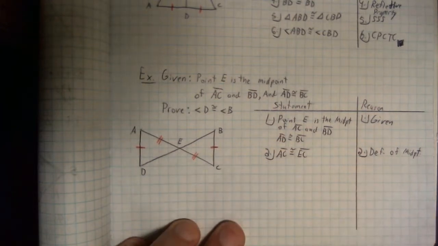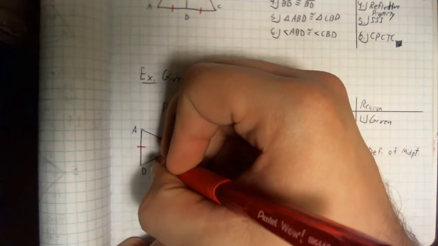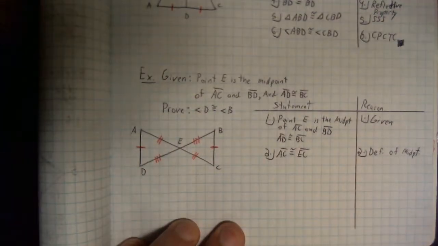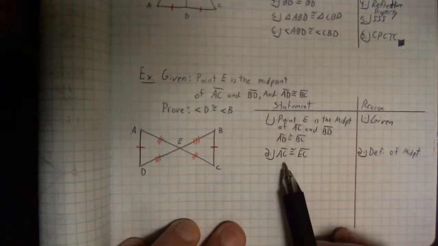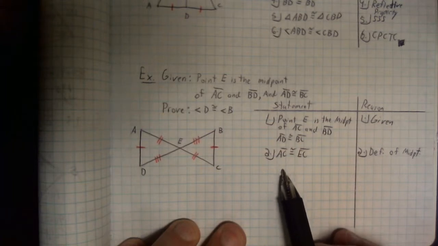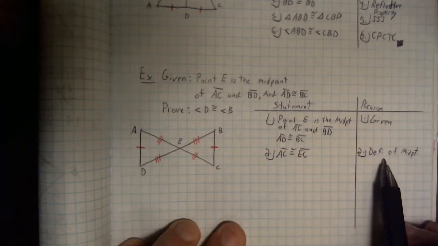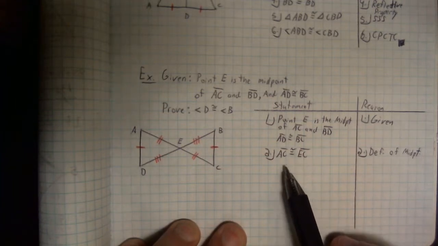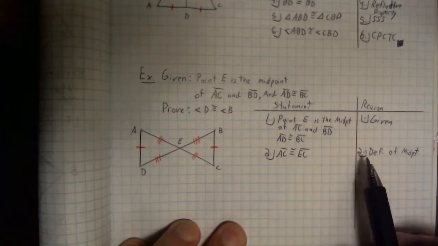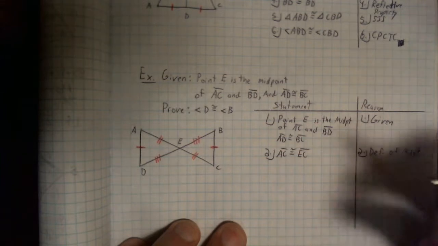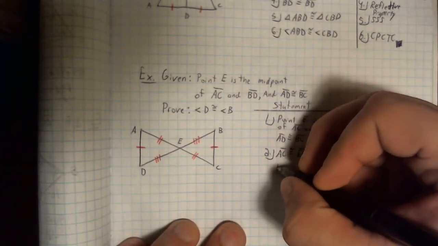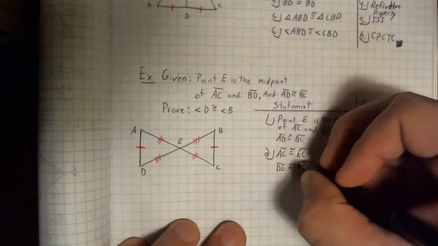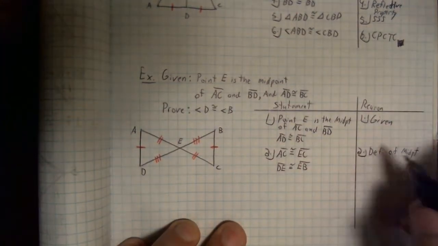BD is now being cut into two equal pieces, DE and EB. I like to list that under the same step because I'm using the exact same definition. Some teachers might want you to do that in a separate step. Here I'm saying that it's okay to list them because it's for the same reason. So DE is congruent to EB for the same reasoning.